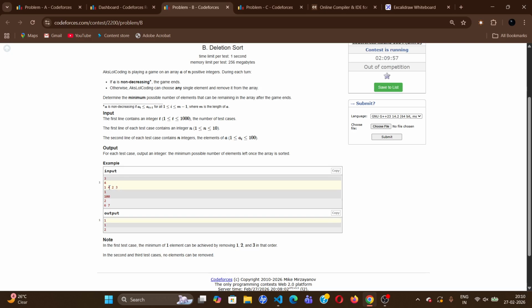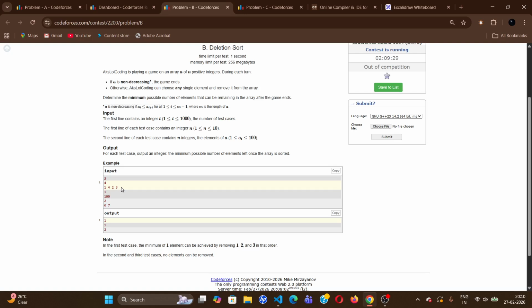Here 4 has 3 inversions. Sorry, 4 has 2 inversions.